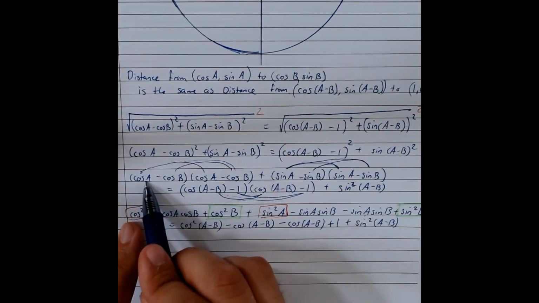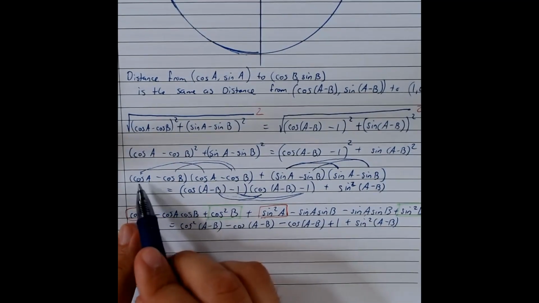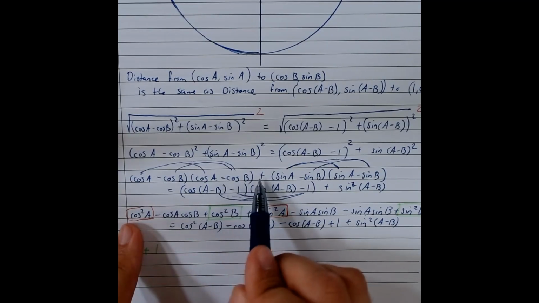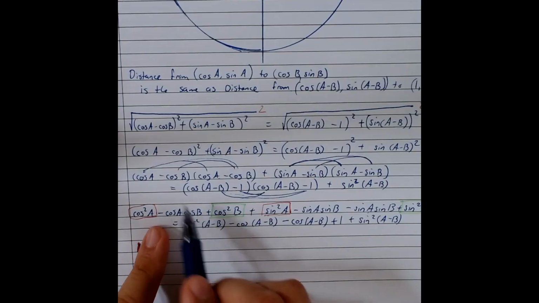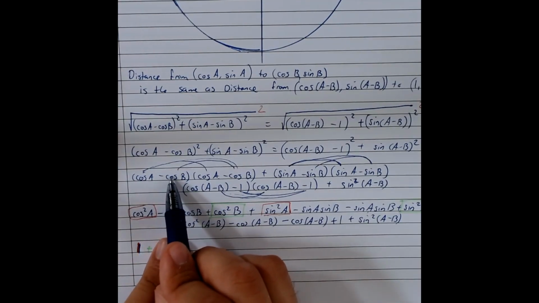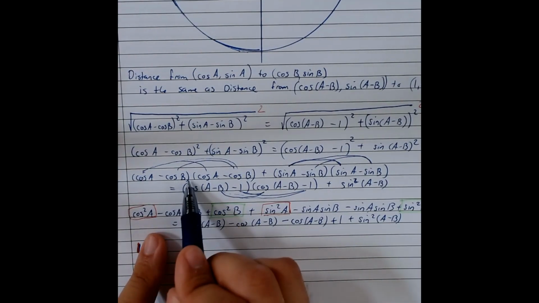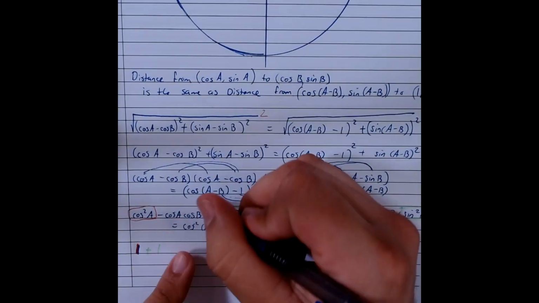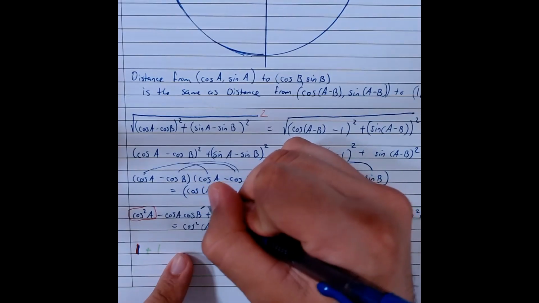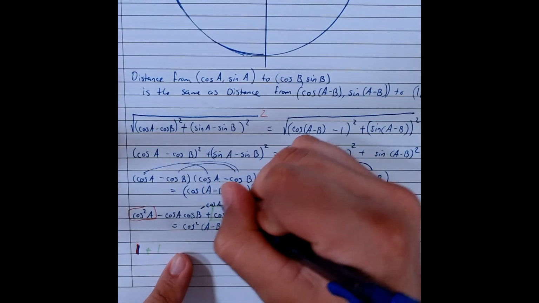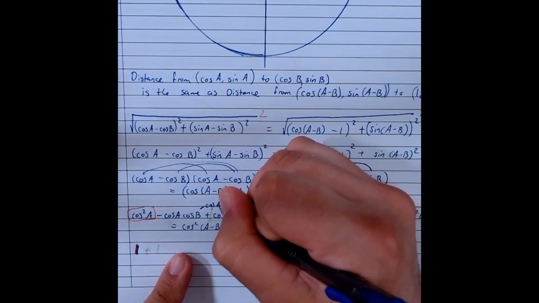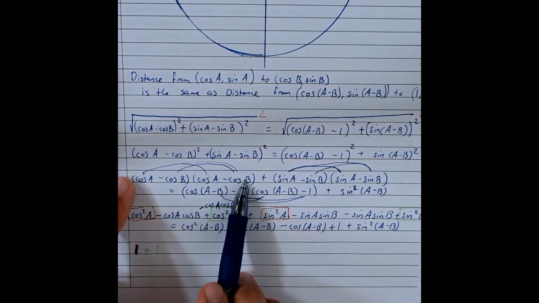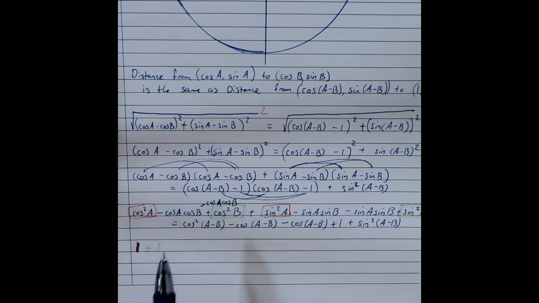Right here, cosine of A times cosine of A is cosine squared of A. Cosine of A times negative cosine of B is negative cosine A cosine B. I said this one and I never actually wrote it. Negative cosine B times cosine A, let me go ahead and write it right here, is minus cosine A cosine B. There was one already, but I forgot to write the other one.